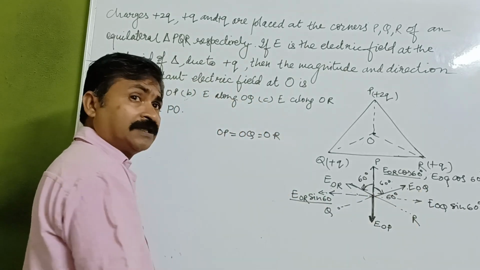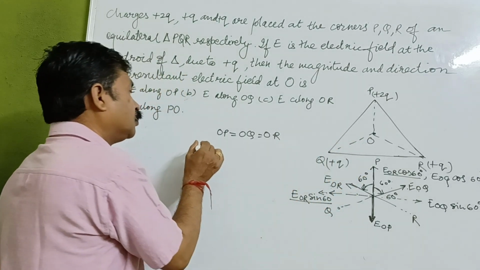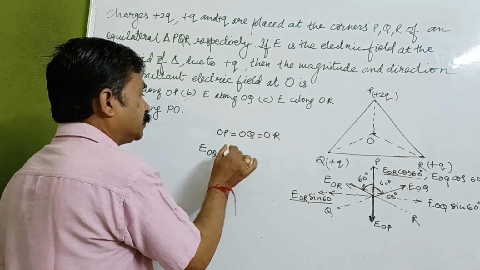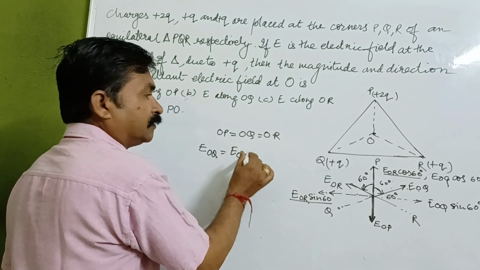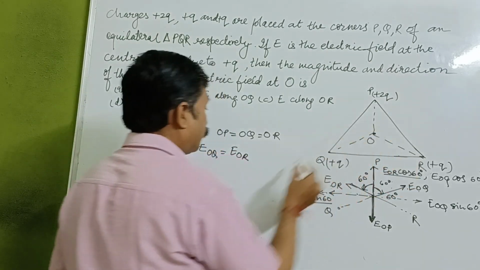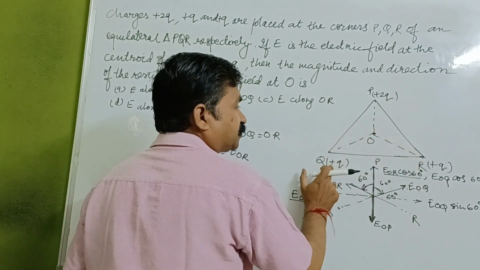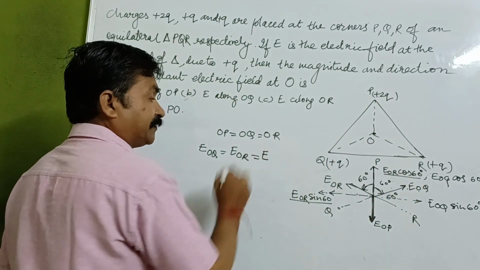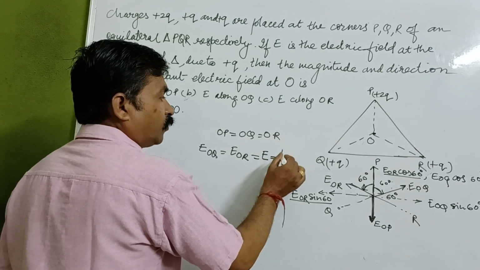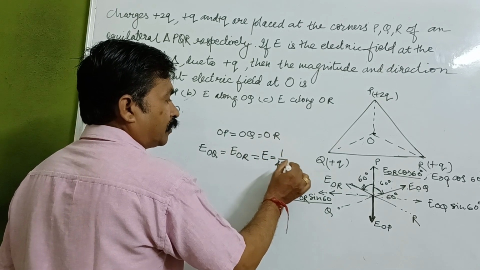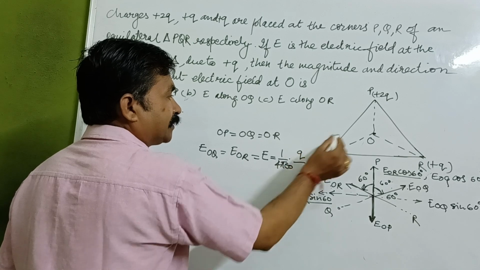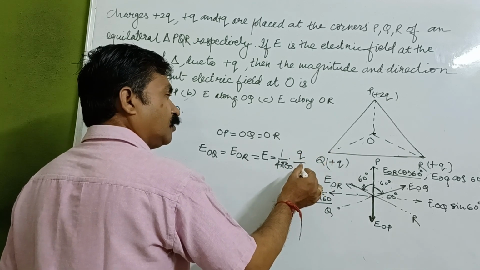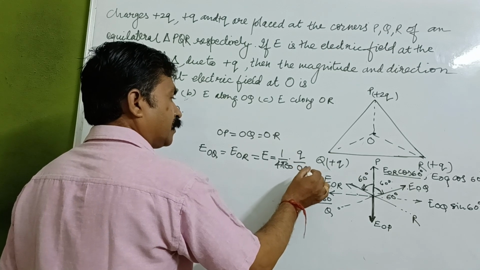Now, for the electric field, we can take EOQ and EOR. EOQ and EOR both have the same magnitude of charge. So the electric field, which we can assume as E, is equal to 1 upon 4 pi epsilon naught into Q upon the distance, which we can take as OQ.